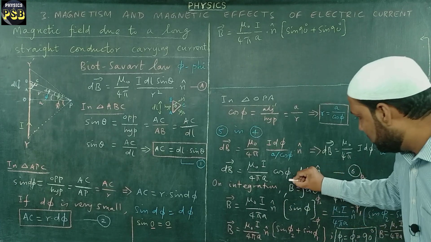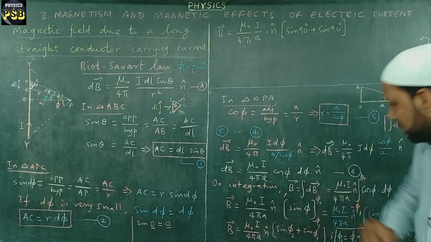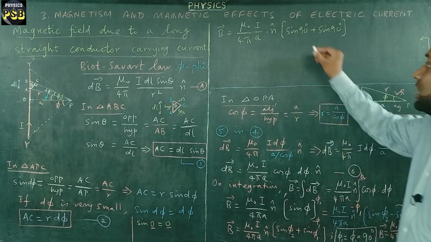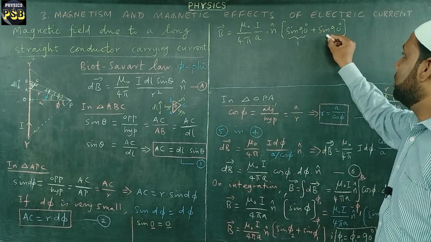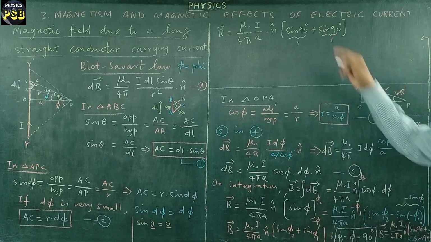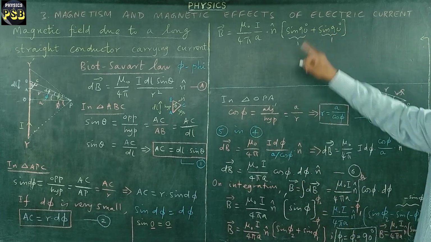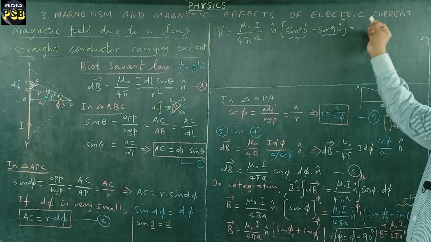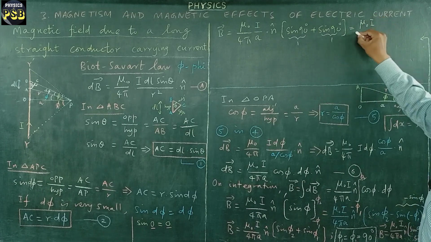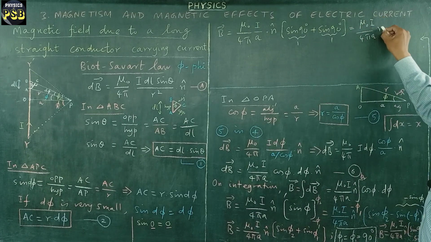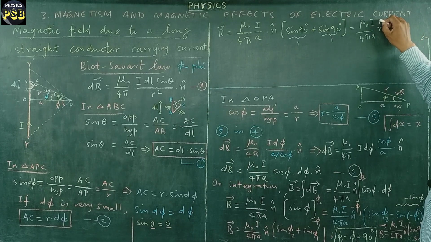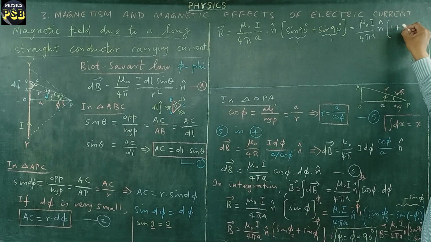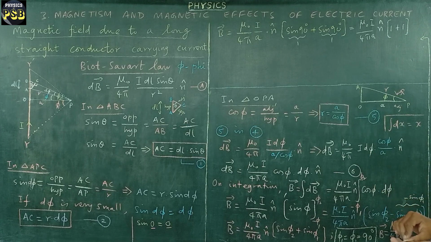Here I forgot to mention the vector symbol. We know sine of 90 is nothing but 1. So I am going to replace the sine of 90 with 1. Then what will I get? μ₀ I upon 4π a n cap, 1 plus 1 becomes 2.